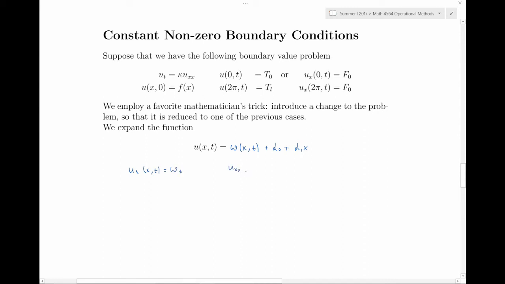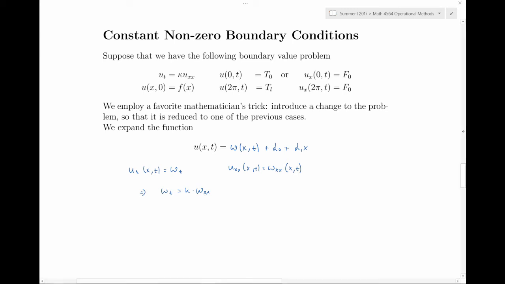And the second derivative with respect to x is just going to be w_xx of x,t, since the second derivative of linear terms is going to be 0 anyway. So the w function should satisfy the equation. If u satisfies the equation, then w_t should be the same as kappa times w_xx.